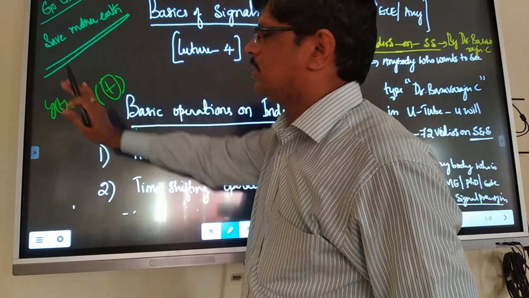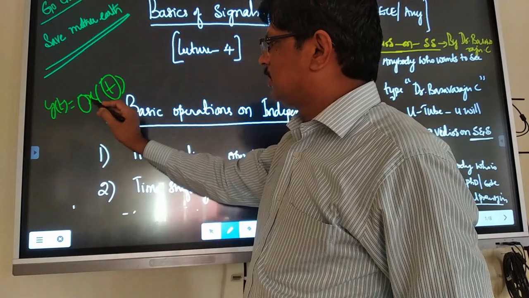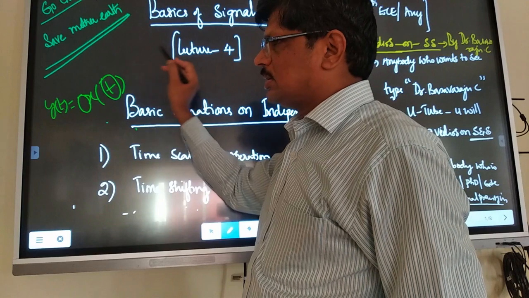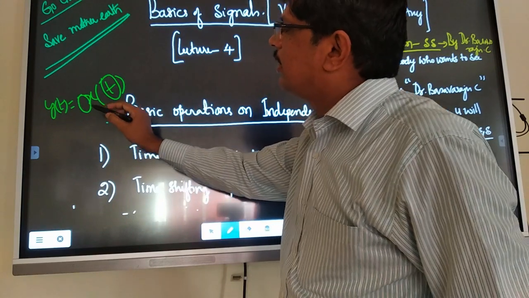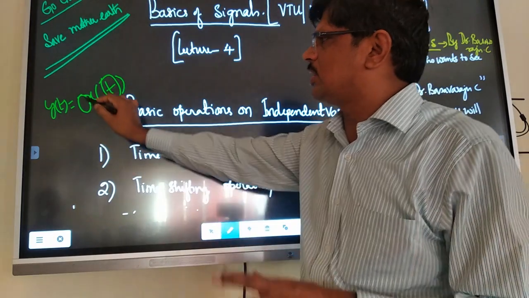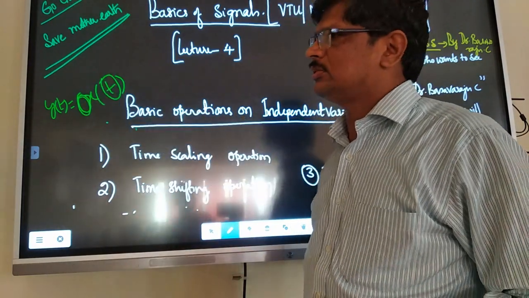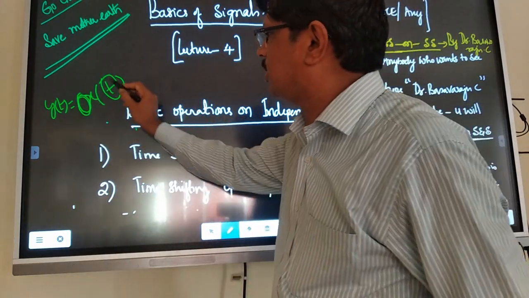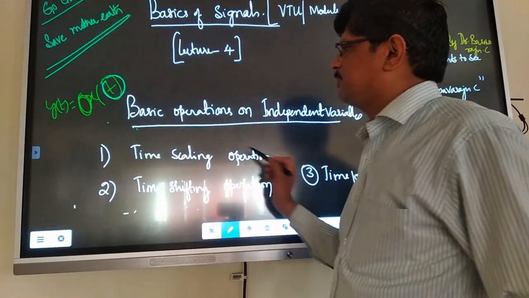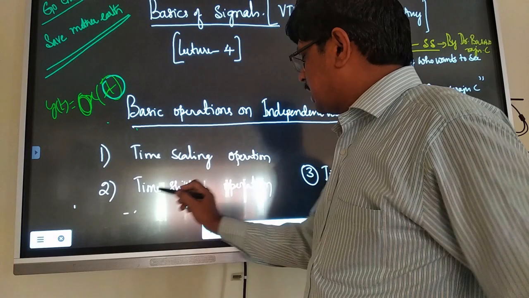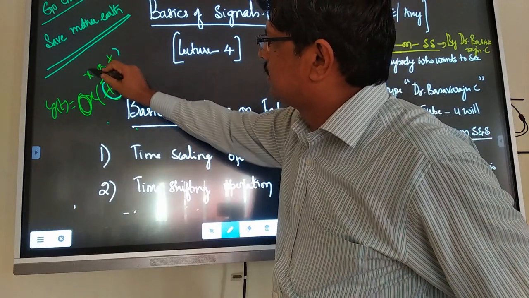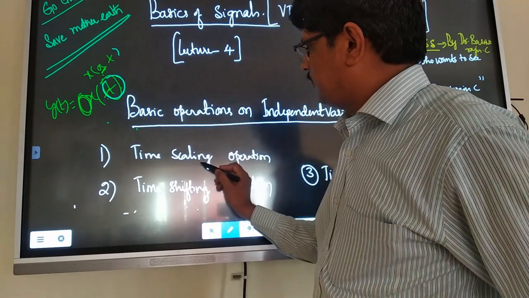Amplitude scaling, addition of two signals, subtraction of two signals, multiplication of two signals, then integration of signals, differentiation of signals we have seen for the dependent variable. Now we are talking about the independent variable. That is these three operations: time scaling, that is x of a t, where a is the time scaling factor.